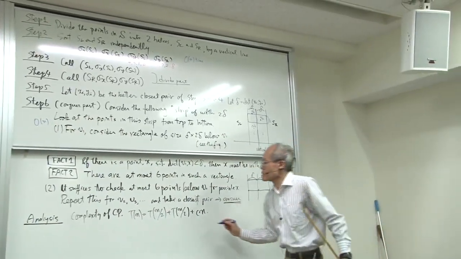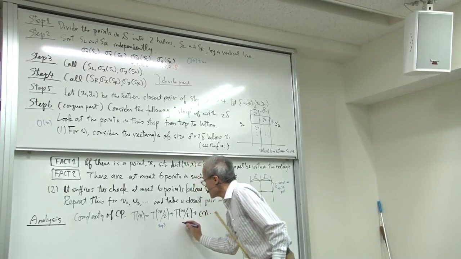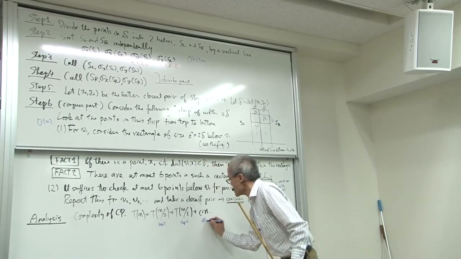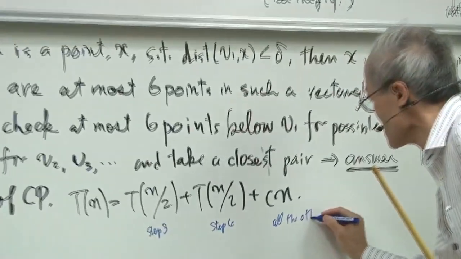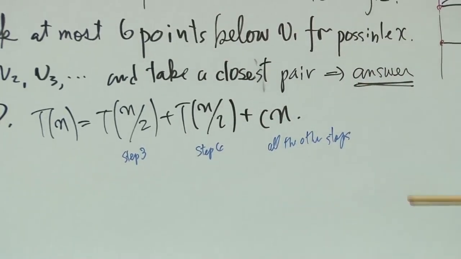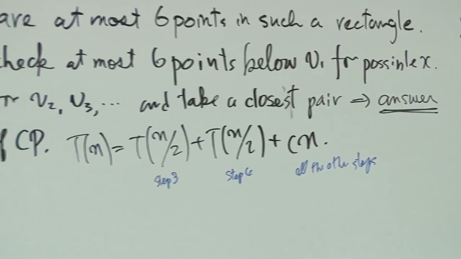So that's why step 3, step 4, all together, all the steps is just linear.